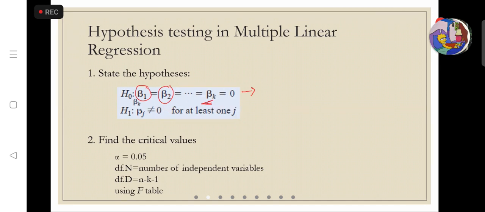Or if we translate it to English, there is no significant relationship, because all of them are equal to 0. So our alternative hypothesis is therefore that there is a significant relationship.